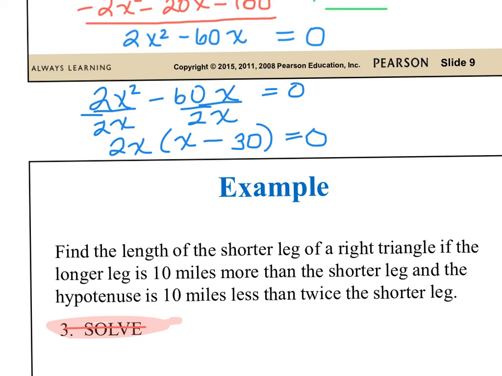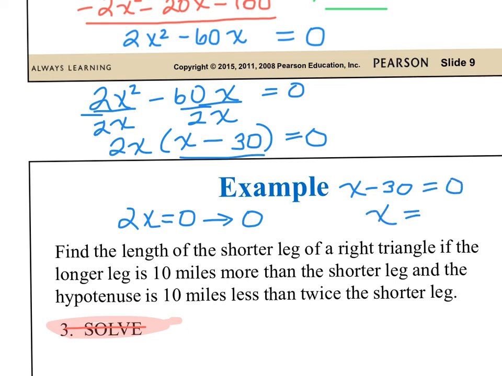And by our zero product principle, we know that means that either 2x is equal to 0, but then that would tell us that the shorter leg is equal to 0, and that doesn't make any sense. And so we take the other factor, x minus 30, and set it equal to 0 and decide that x then could be equal to 30.